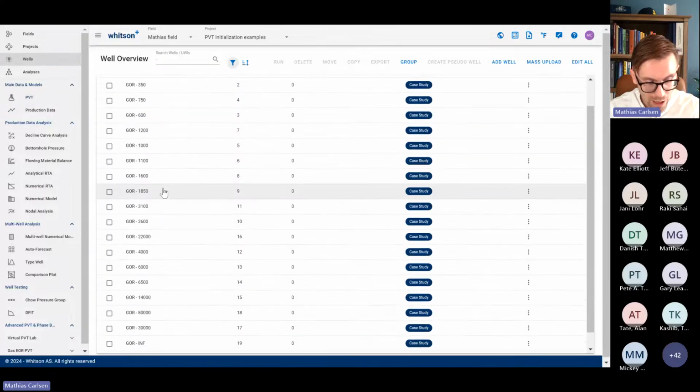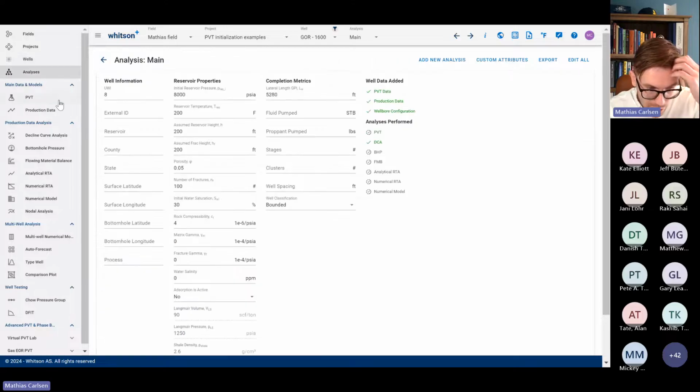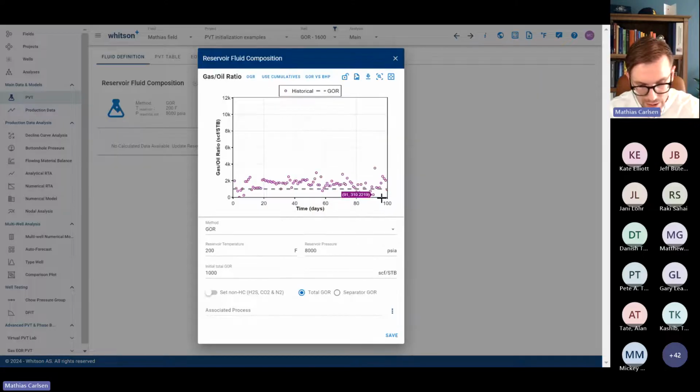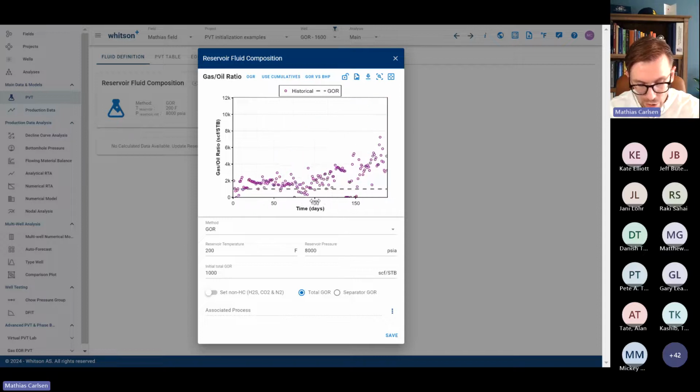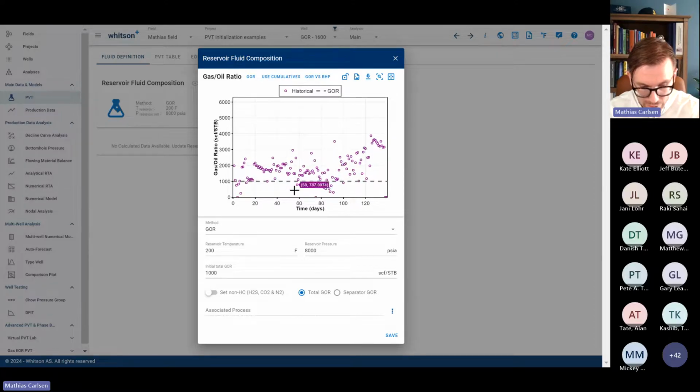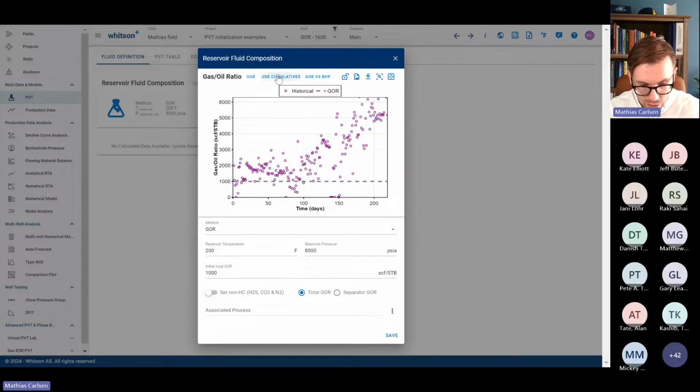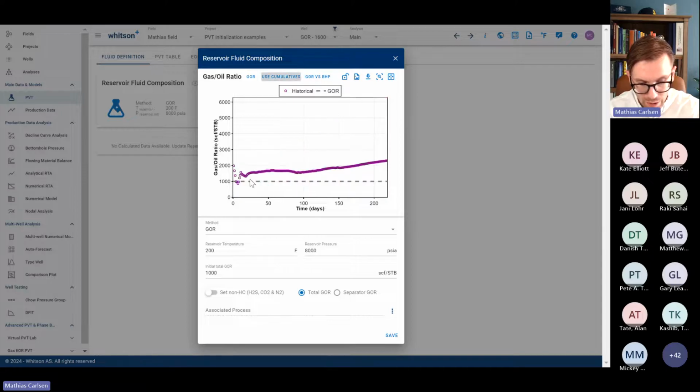Right. So now there's a couple ones that are more in the 1,600 range. That's these numbers right here. These are interesting because they're very noisy. So you see here in the beginning, it might be really hard to find values visually by just looking at this. And this is where the cumulative GOR can be really helpful to guide you. Why is that important?